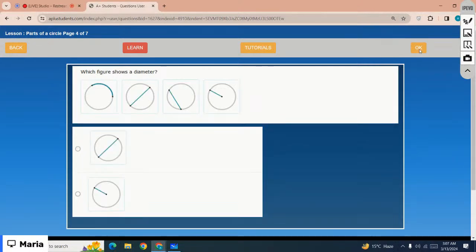Okay, which figure shows a diameter? So, which is the correct option?